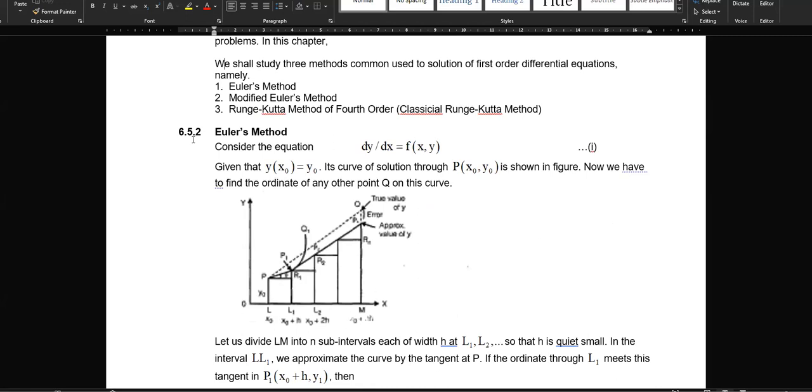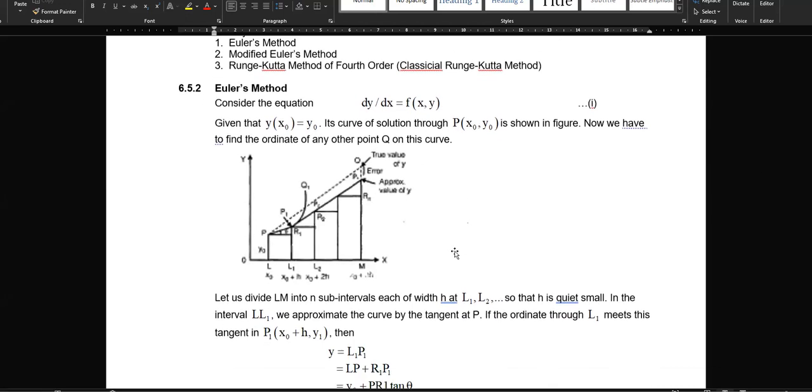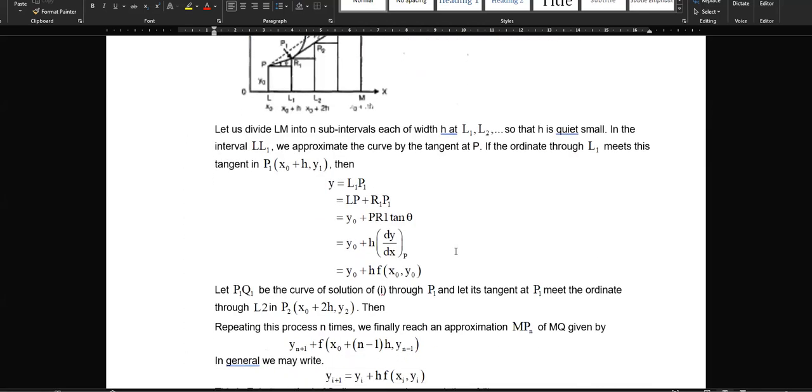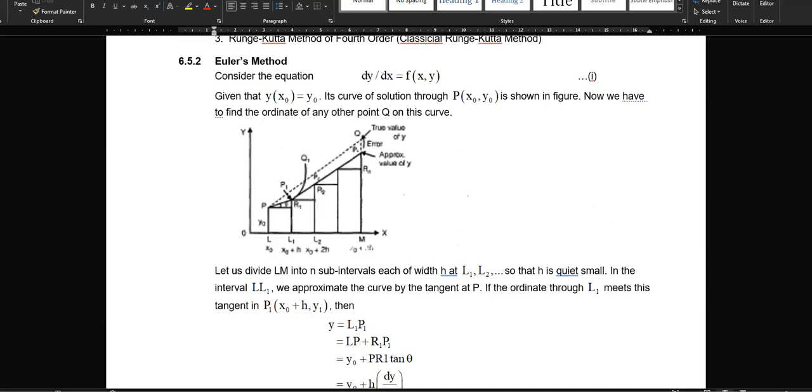There's a graph I will draw. I'll explain directly.